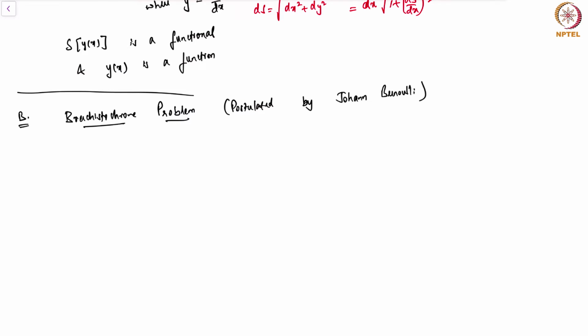It is said that Newton solved this problem in just one night, and Bernoulli proposed this as a challenge to mathematicians. The problem essentially is as follows. You want to go from point A to point B, but now there is a string that is connecting point A to point B.